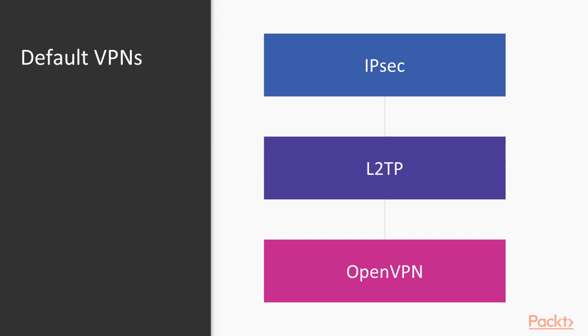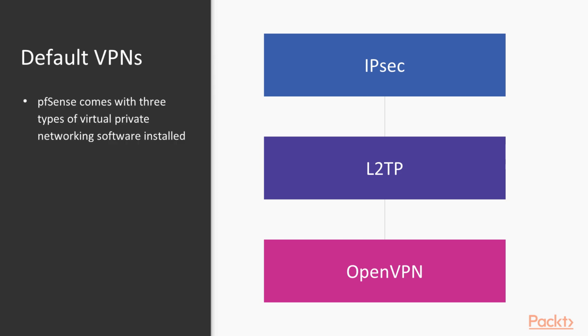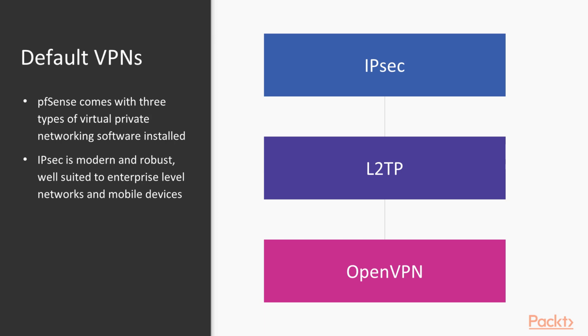We will also be interested in securing remote access to and from other networks going across the internet. And to do so, we will use virtual private networks. pfSense comes with three types of virtual private networking software installed. One of those is IPsec, which is a modern and robust protocol well suited to enterprise level networks and devices.